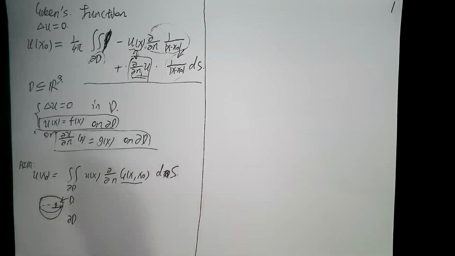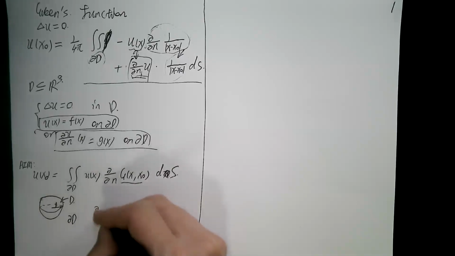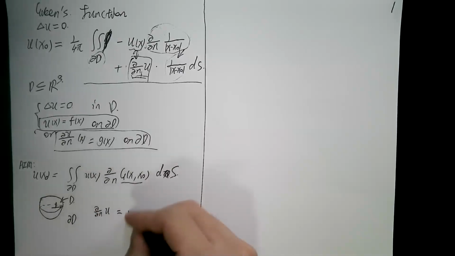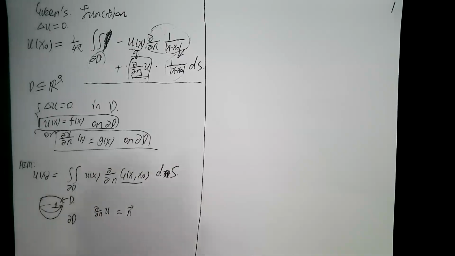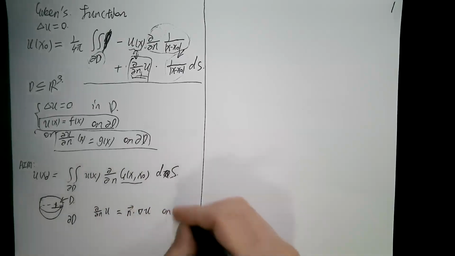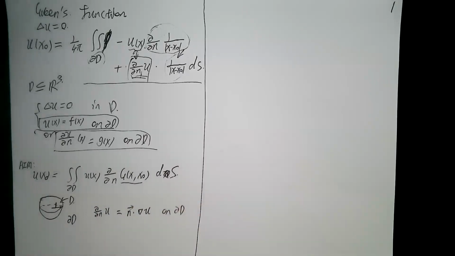And then what is partial n u? Well, partial n in this form is the outer normal vector of this domain times the gradient of u, on this partial D, or on the boundary.